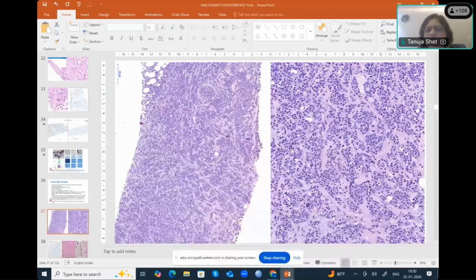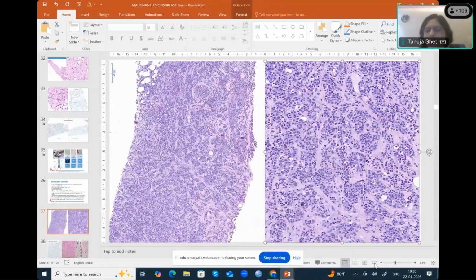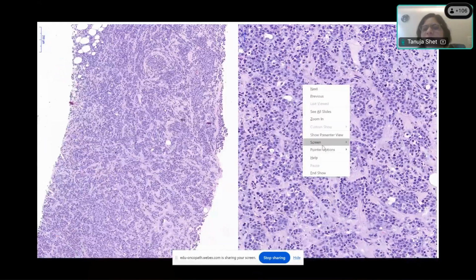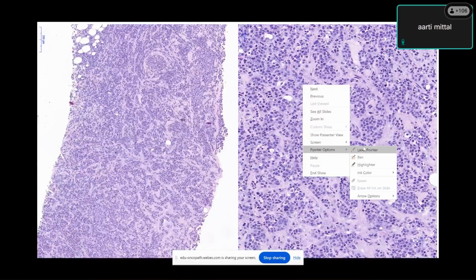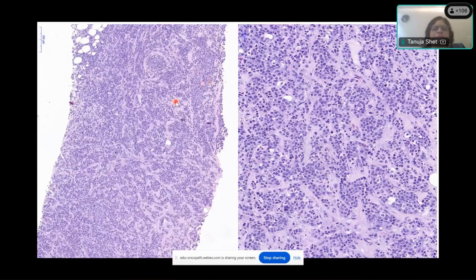Where is the laser pointer? She helped me last time, but I can't seem to find the pointer options. Can you see this now better? Yes, ma'am. I'm sorry, ma'am, you should have told me a little earlier. Okay. Better late than never.